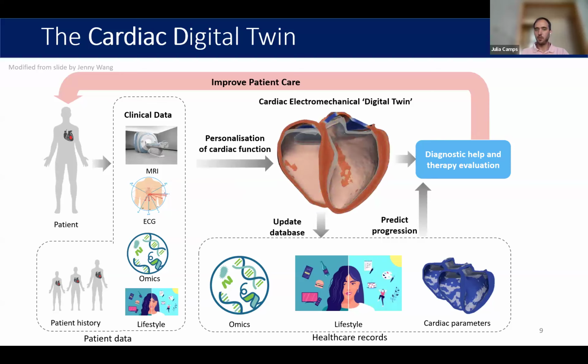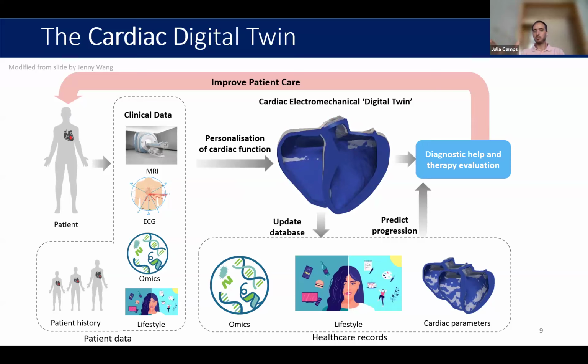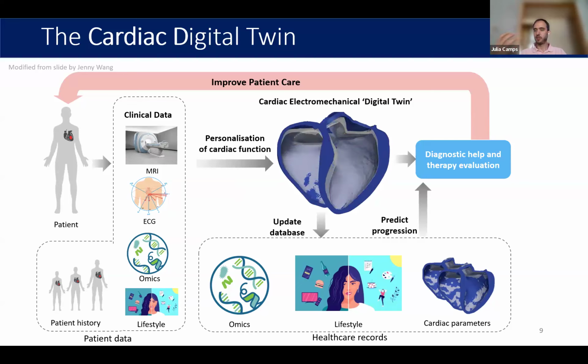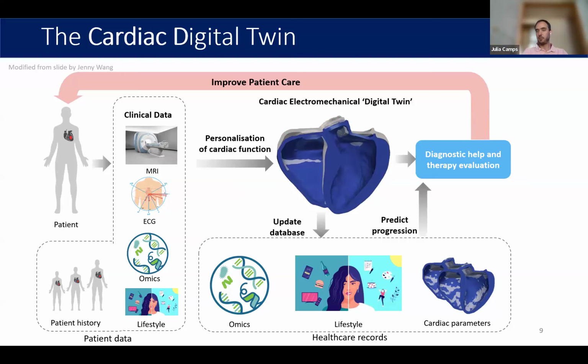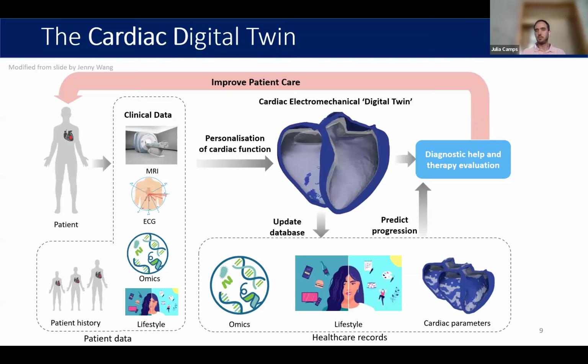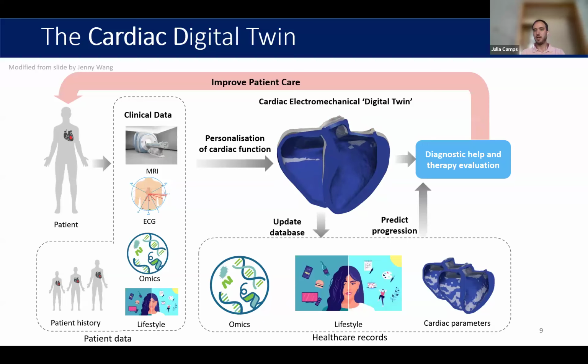So this is a diagram of what I like to think about when I imagine a digital twin in cardiology. We have a patient, we get measurements from the patient, we get clinical data. We use this to build a model that is then used to make decisions about, for example, therapy or diagnosis, which is then used to actually impact the real patient. So the real patient gets treatments that come from decisions that have been made using the digital twin, possibly as well as other strategies, but complementary at least.